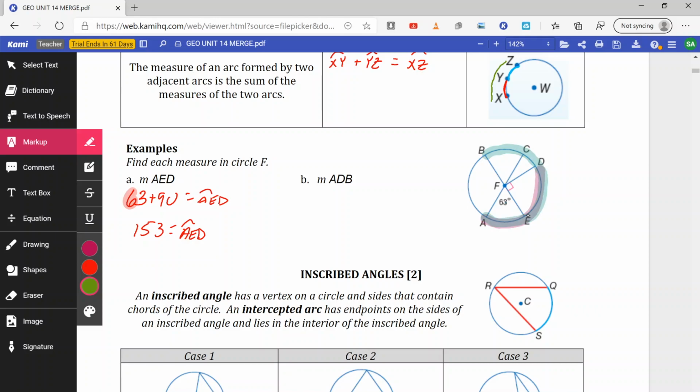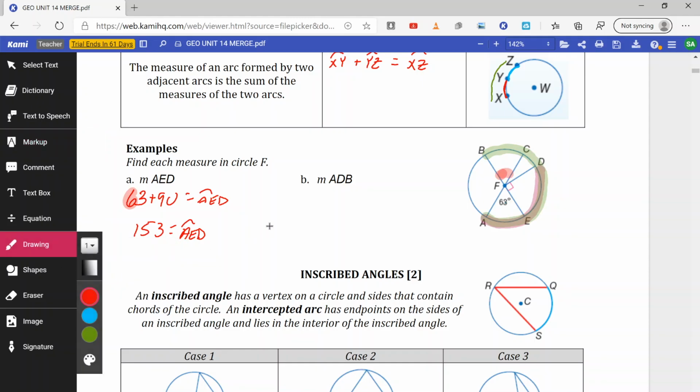So if EFD is 90, I have to find the remaining piece from BFD. So I know that if I were to add angle BFD and EFD, I'm going to get 180 degrees. So that's the first thing I have to do. I have to find the angle here.